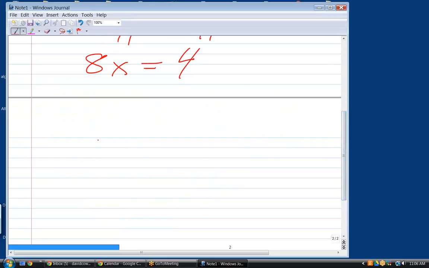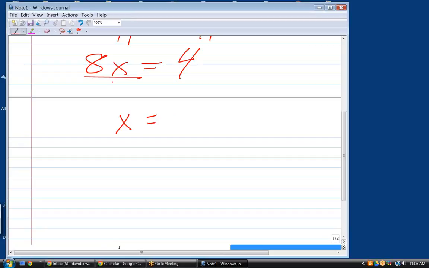And then we need to divide both sides by 8. Okay. What's the right side? 2. Same mistake you made last time. I think we did this problem, because you answered 2 last time also.